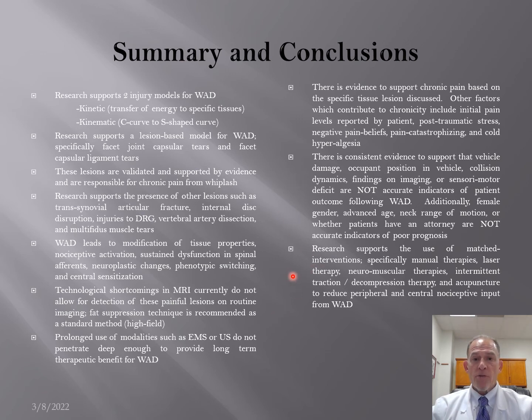And finally, research supports the use of matched interventions, specifically manual therapies, class 4 laser, neuromuscular therapies, intermittent traction or spinal decompression traction. And these are applied to reduce peripheral and central nociceptive input and chronic pain signaling from WAD.